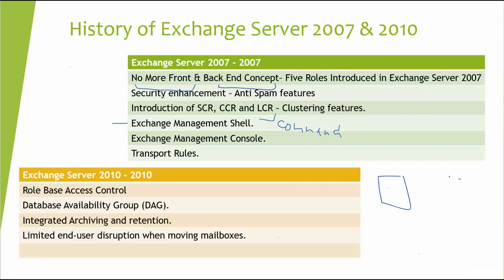For example, if you have mailbox server 1 and mailbox server 2, and you have a database here, here, here, and here, what you were doing was configuring DAG between these databases. They were creating a copy of the database on the other mailbox server, so this one was created here, and this one was created here.